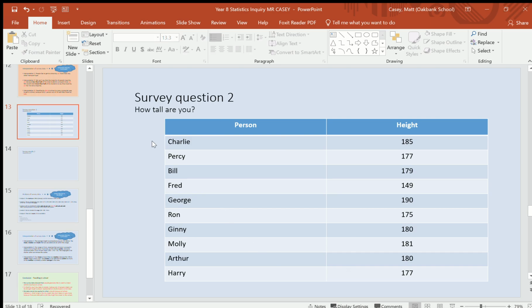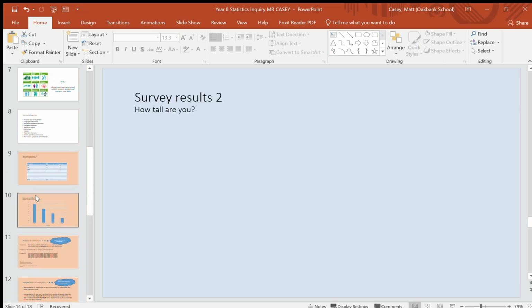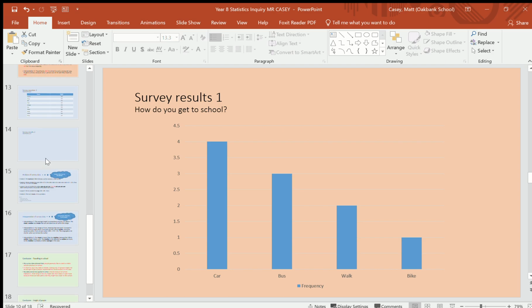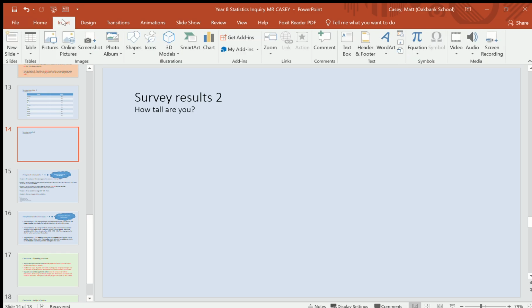So I have to make a table out of this. Just like what I did up here, we can do the same down here. We're going to go up to the top left and click insert, and we're going to click chart. Now, I've tried fiddling around with some of these chart types, and they're all pretty useless and confusing.